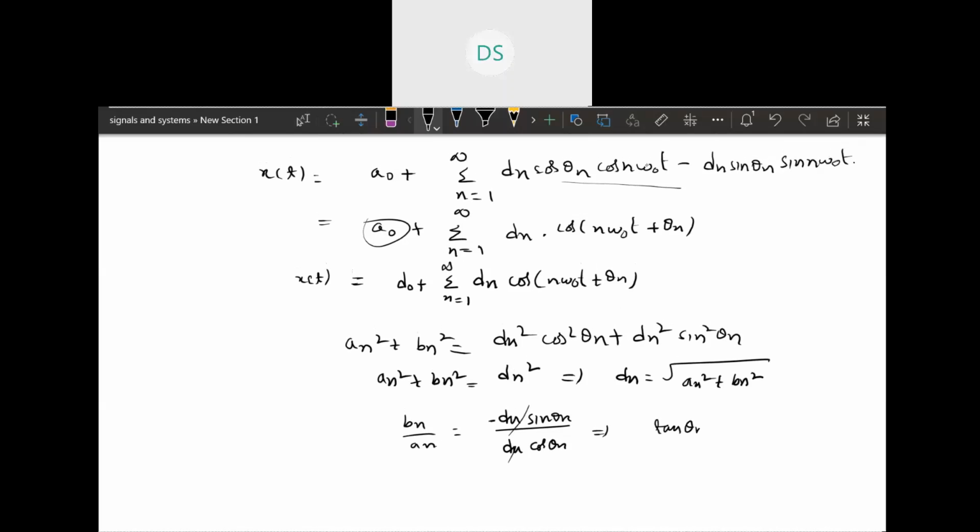So tan theta n is equal to bn by an. So from this one theta n is equal to tan inverse bn by an.